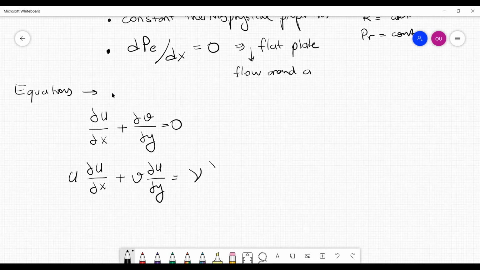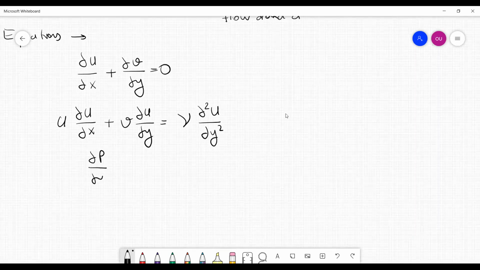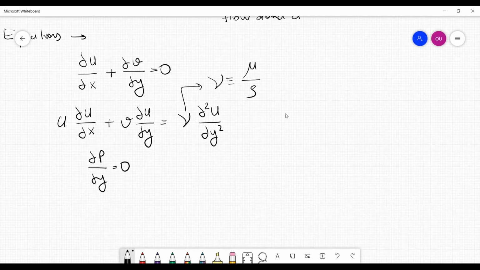We only have the viscous term, the second partial derivative with respect to y squared, that is, the x momentum equation, and the y momentum equation is still the same. And here ν is the kinematic viscosity, of course, defined as mu over rho. Since it is incompressible flow, the energy and momentum equations are not coupled, so it is enough to solve only the momentum and mass conservation equations to get the velocity field.